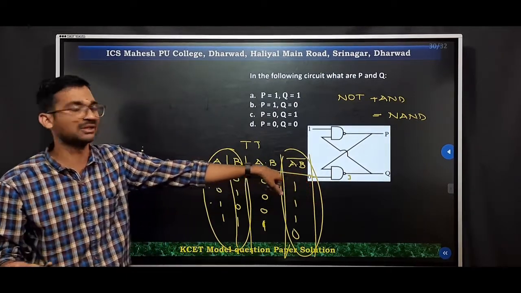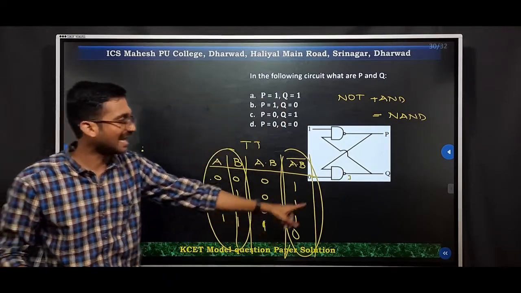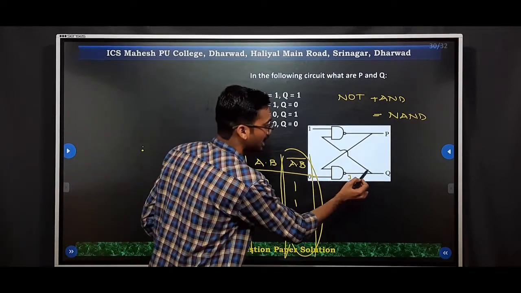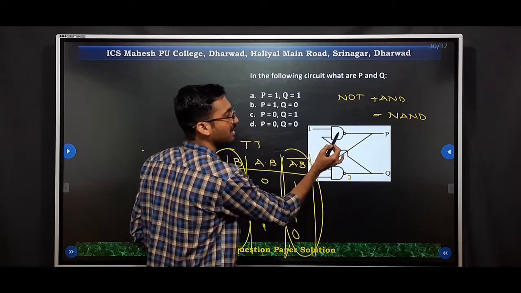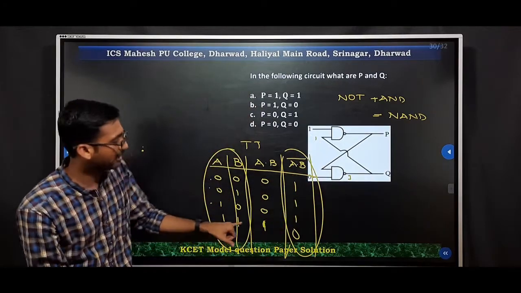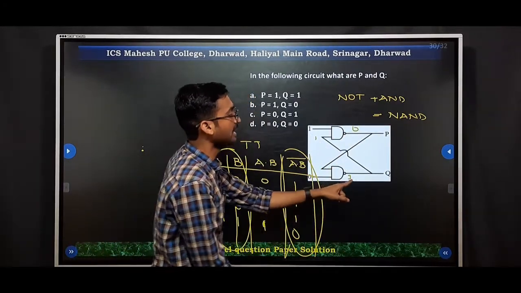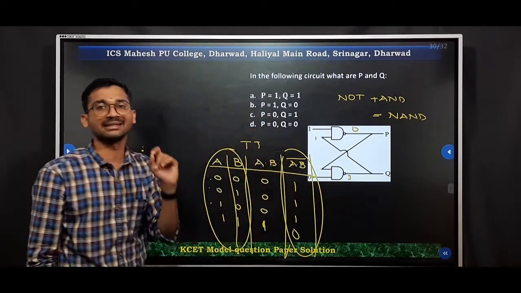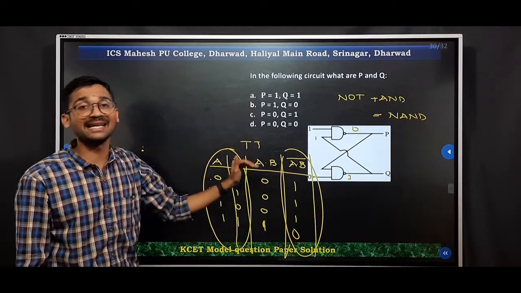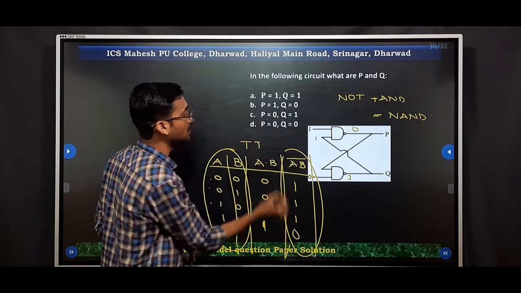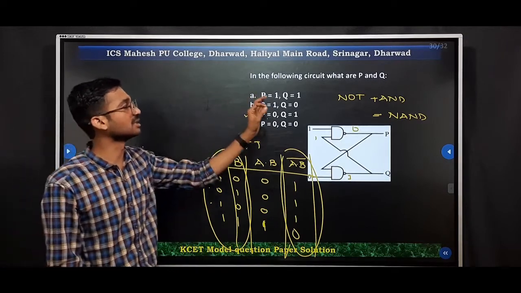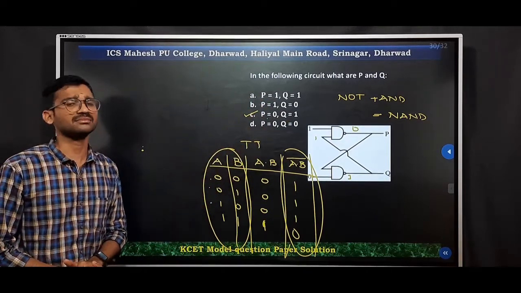If we have the 0 at the beginning, then there is a guarantee that I should get Q as 1. Then this Q has to be given in reverse to the first NAND gate. If it is 1 1, what is the answer? 0. Therefore, Q carries 1 and P carries 0. By comparing our answers with our analysis, P is 0 and Q is 1. Therefore, option C is the right and correct answer for the following circuit.